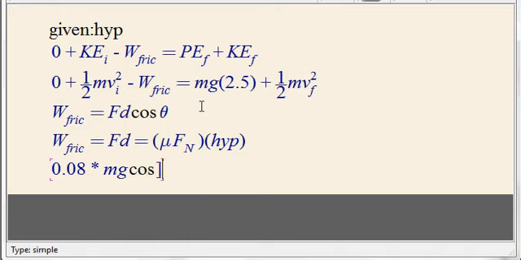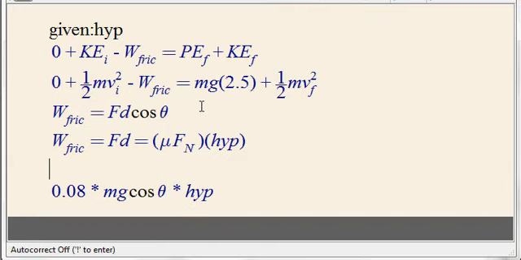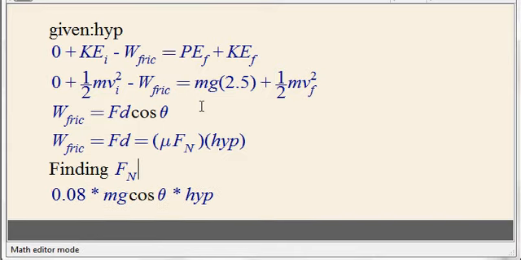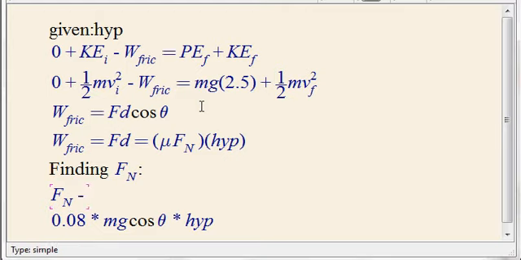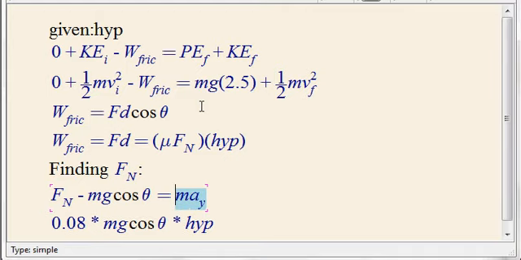The formal way to do it, which I'm about to show, and you probably should do this most times, is to write out the y net equation. So normal force minus mg cosine theta equals may, which equals 0 because it's not accelerating in the y direction using a tilted axis.